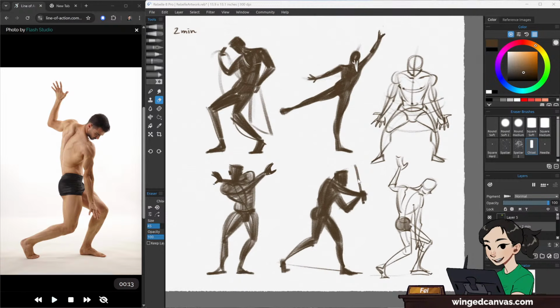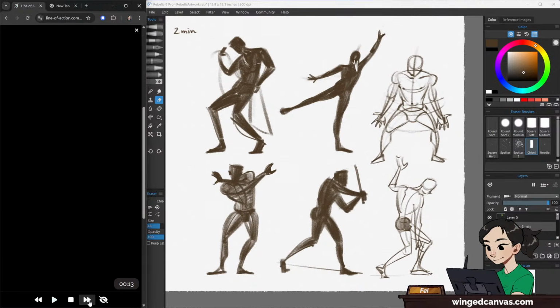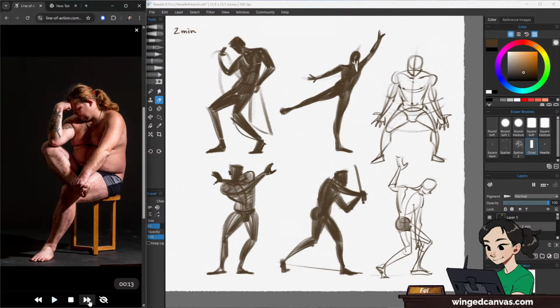Yeah, so okay, we did 1 minute gestures, we did some 2 minute silhouettes. I think what we're gonna do now is I will draw a longer pose, and I'll show you how to turn these gestures into a finished drawing.